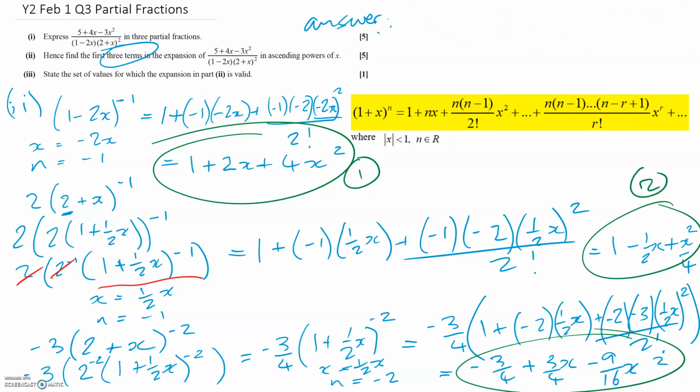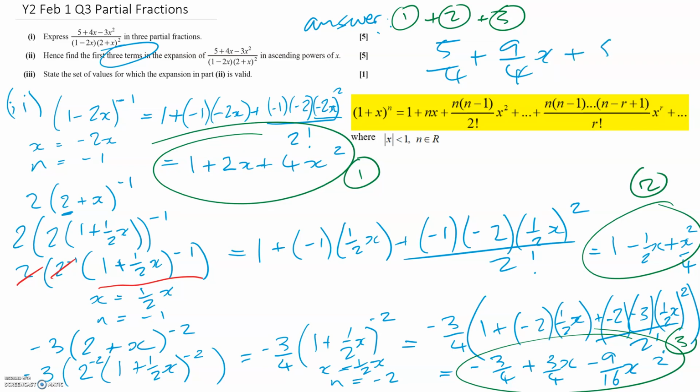We just need to add these up. So 1 plus 2 plus 3. If you do add these up, you should find out that you get a final answer of 5 over 4 plus 9 over 4x plus 59 over 16 x squared, which is the final answer to part 2.